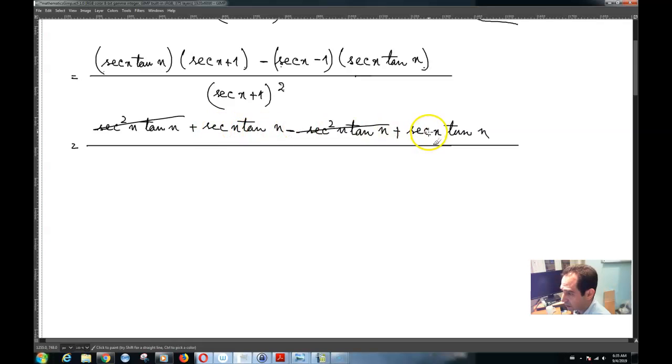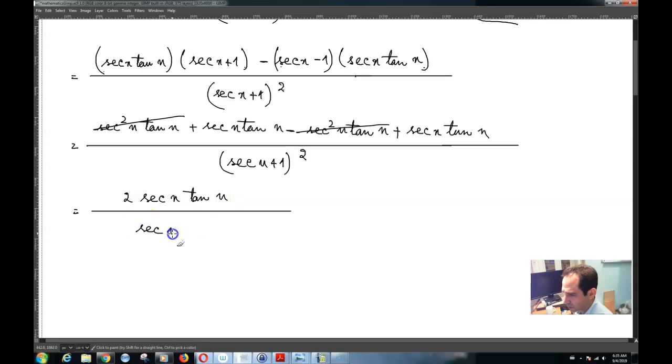Secant x tan x over secant x plus 1 whole squared. So this is the same thing as 2 times secant x tan x over secant x plus 1 whole squared.